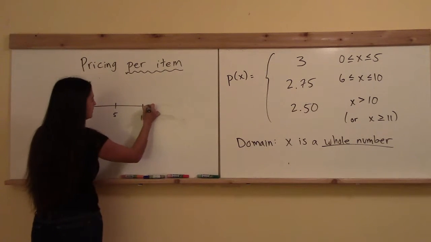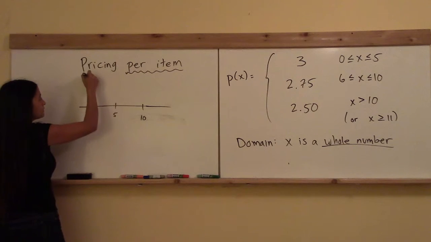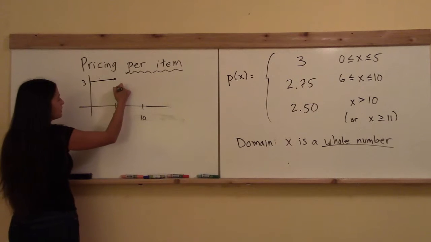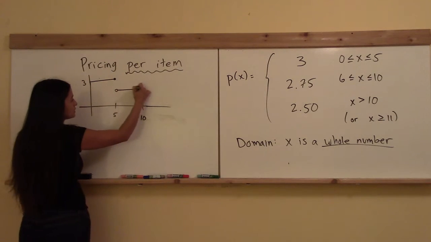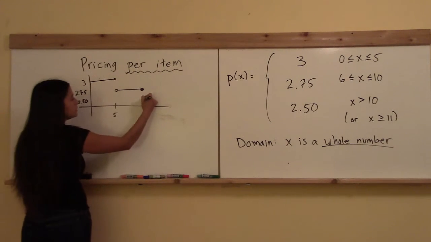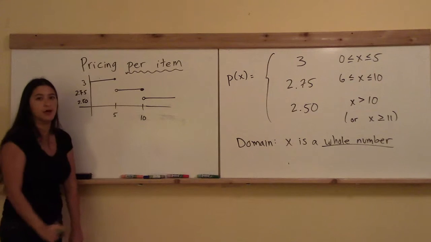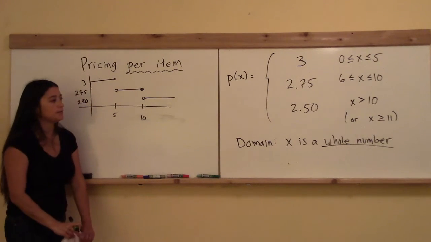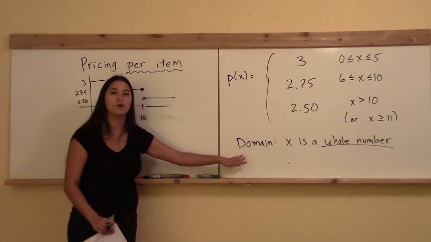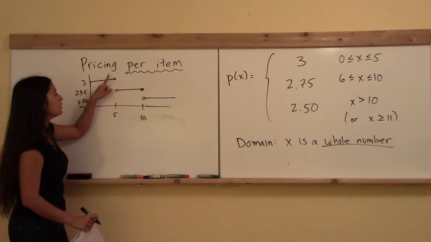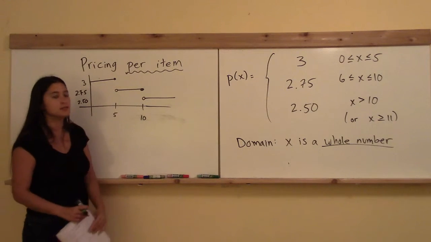Okay, so the price per item would be like $3 up to number 5, and then it would shoot down, from 6 to 10, it's going to be $2.75, and then it's going to go down to $2.50 when I get greater than 10 and beyond. Okay, so that would be a visual representation. And then to see that the domain x is a whole number, really you would just want to visualize just the whole number points on these lines.